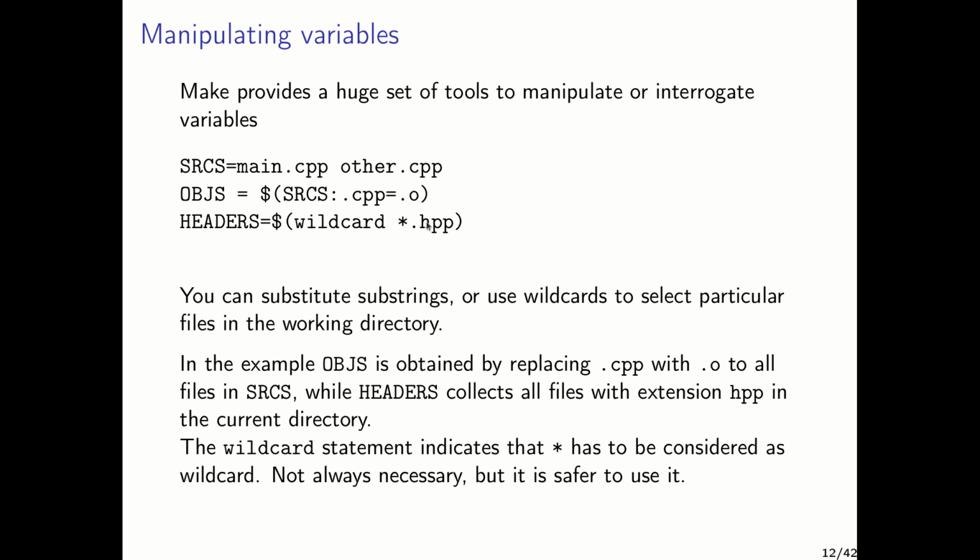You can also get all the files with extension HPP in your directory. Then you use the syntax $(wildcard *.hpp). The wildcard statement is not strictly necessary. It may work even without, but it is better to use it because it tells Make that the next character, that is the asterisk, is a wildcard.